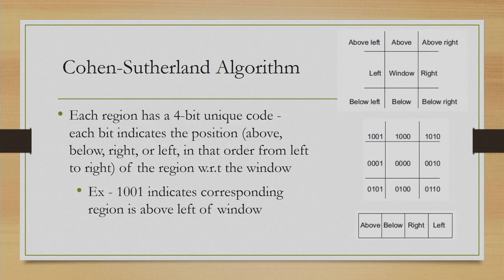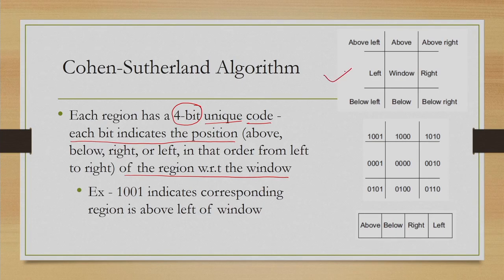Then what we do? We assign a code to each of these regions. Now, there are 9 regions, so we require 4 bits to represent all the 9 regions, which is very obvious, and each region is given a unique 4-bit code. Each bit indicates the position of the region with respect to the window.